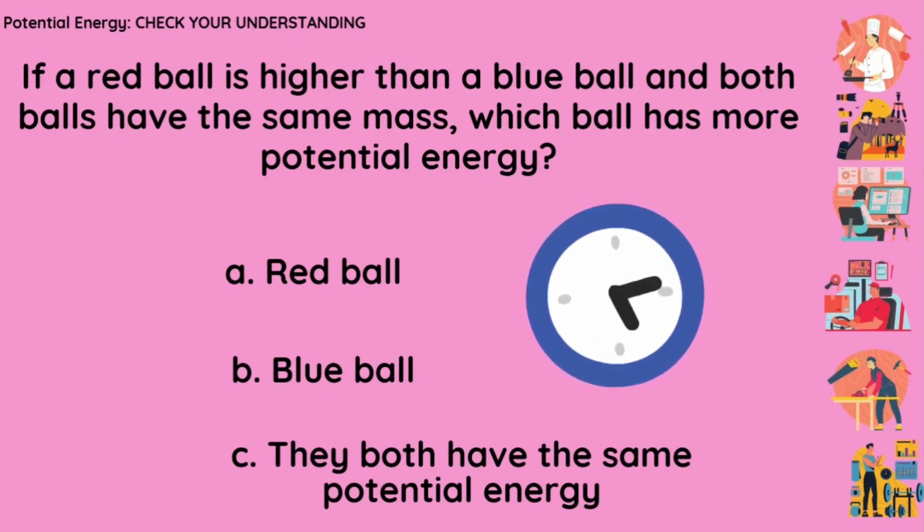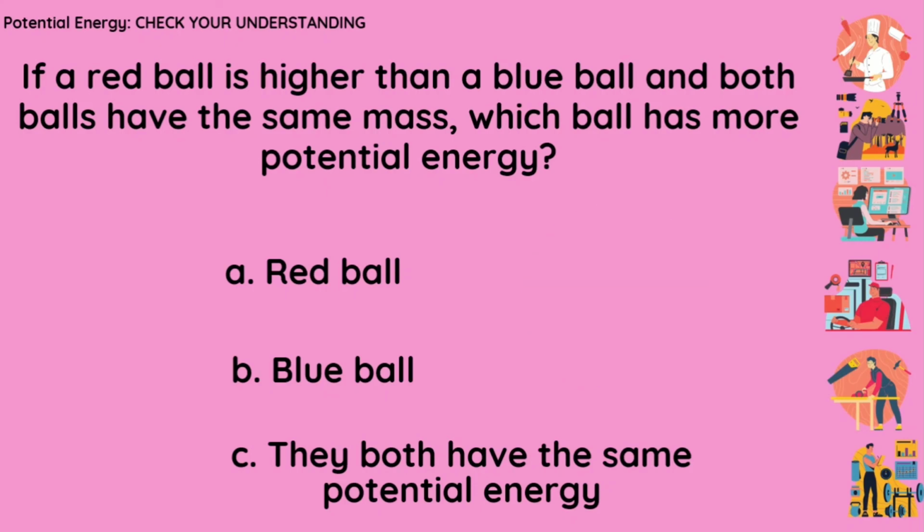Okay, your answer? Aling bola yung may mataas na potential energy? Of course, the ball which has more potential energy is the ball that is in a higher position, that is the red ball.